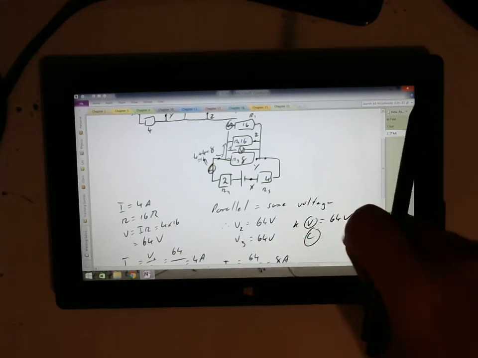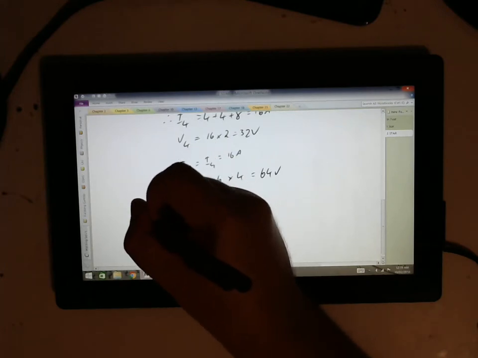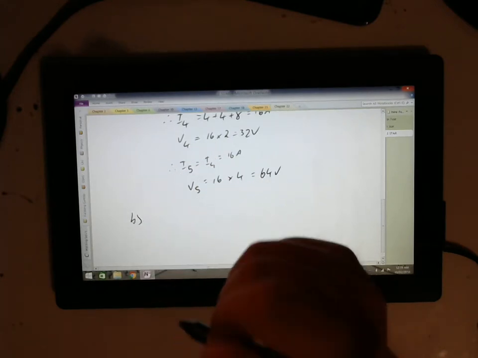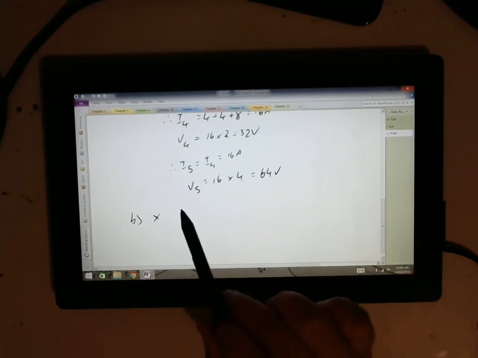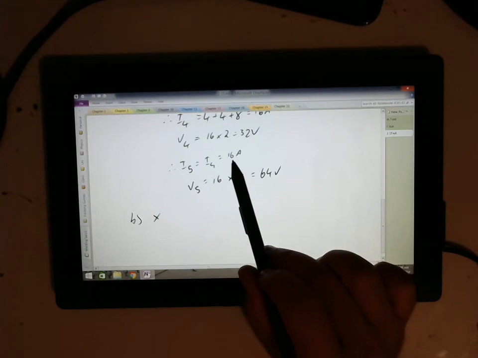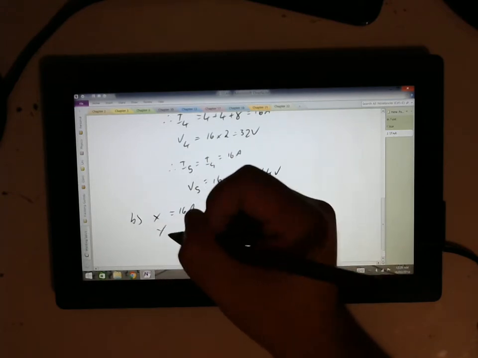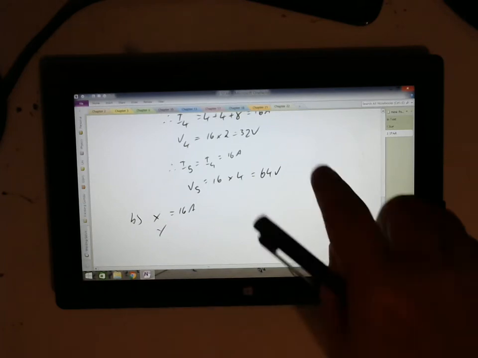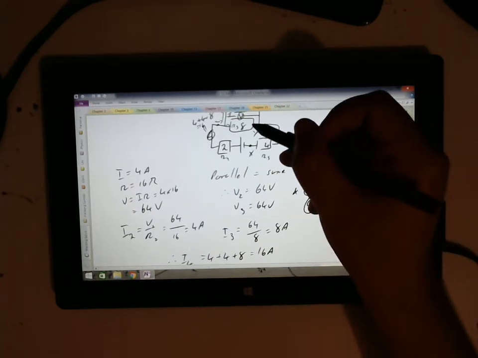So now we can actually work out B as well, because if we go back through all of that, we see that for point X, X is right after that 4 ohm resistor, which we called resistor 5. We just worked out the current for resistance 5 was 16. So X must equal 16 amps. For Y, we saw that it was right after the 8 ohm resistor.